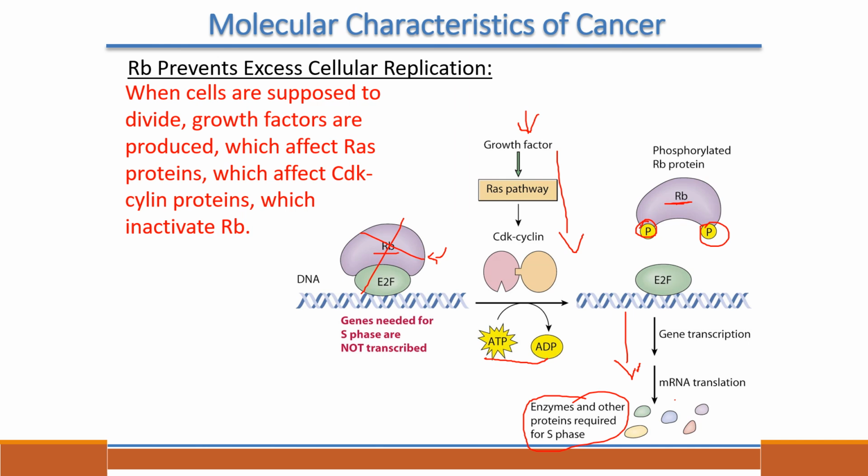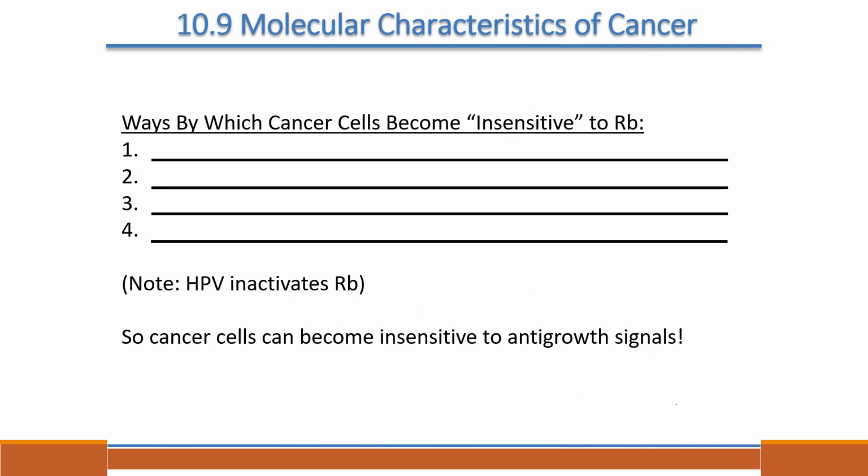Okay, now I want you to think about this: ways by which cancer cells become insensitive to RB. I already told you the mechanisms, and now I want you to think about what actually happens in reality. We know the mechanism. Now, what happens to a patient that is insensitive to RB? There could be several things affecting this.